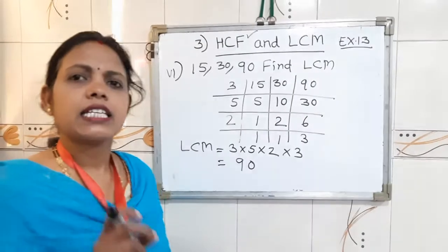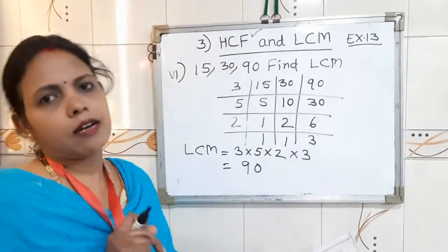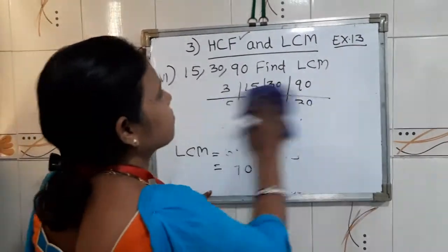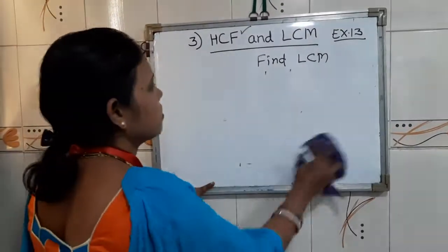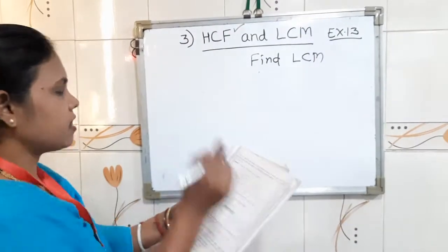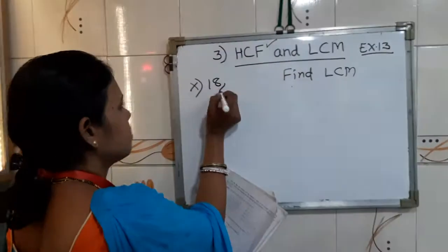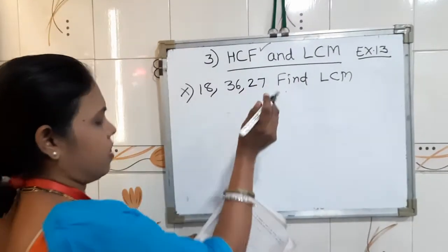Now, in this exercise, besides question number one, I will solve the last sum. The last sum is question number 10: 18, 36, 27.